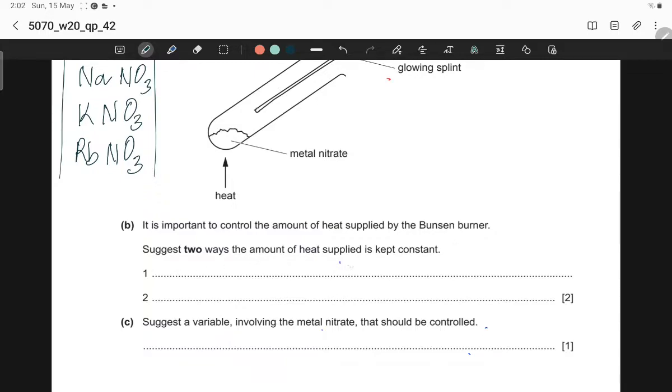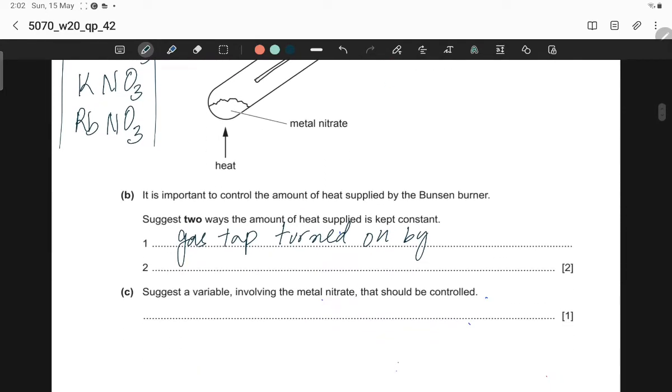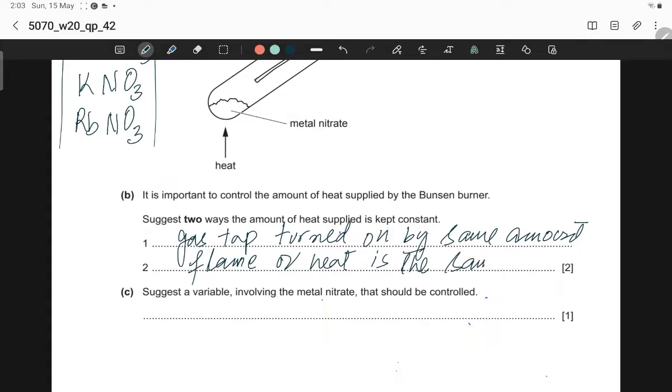Two ways the amount of heat supplied is kept constant: the gas tap turned on by the same amount, and the flame or heat is at the same distance from the test tube.